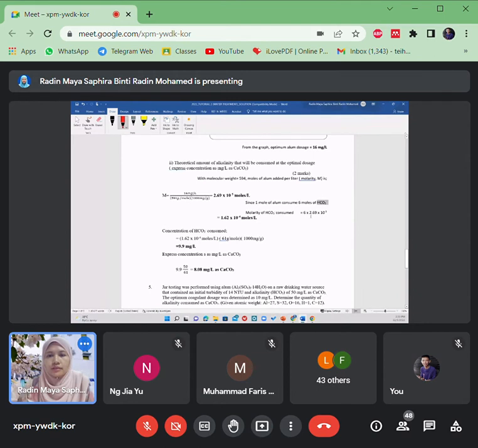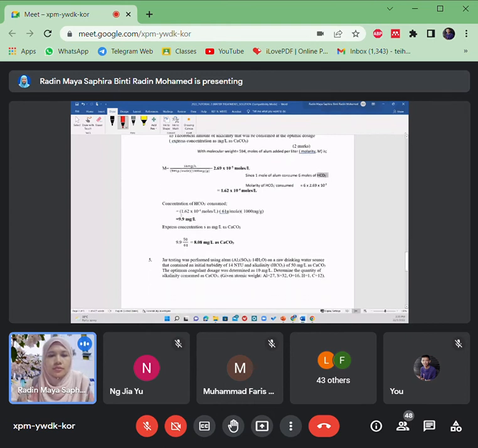What you get is 1.62 times 10 to the power of negative 4 moles per liter. Then you can calculate the concentration of alkalinity consumed with its molecular weight, and you will get 9.9 mg per liter.